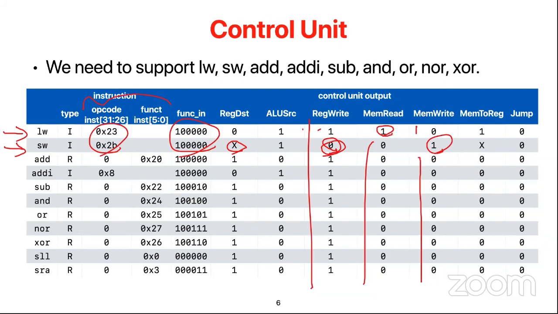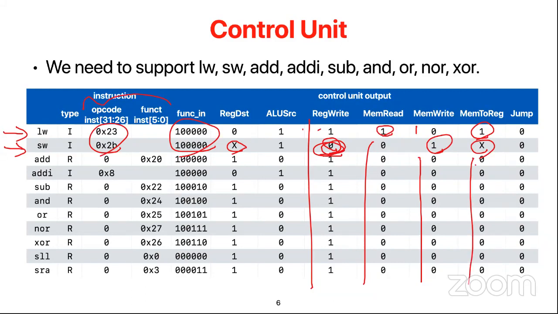And the load word instruction is the only one that would use the output from the memory to register during the write back stage. And as we said, the store word instruction doesn't update a register. So as long as you set the register write to 0, it doesn't matter what values you give to the mux. Other than that, everyone should be 0.